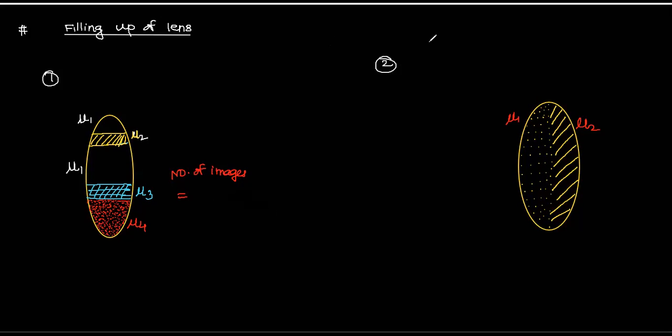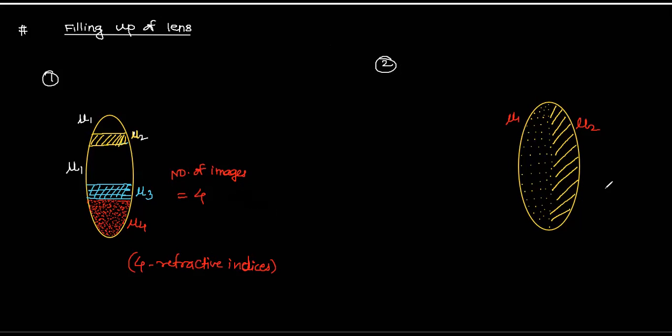Number of images I am writing directly, that is equal to 4, because 4 refractive indices are there.